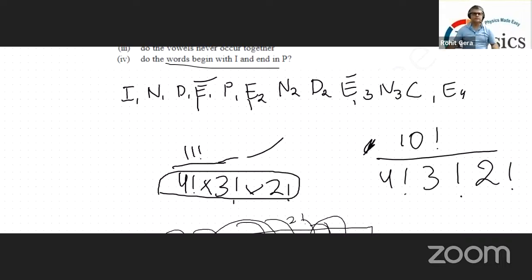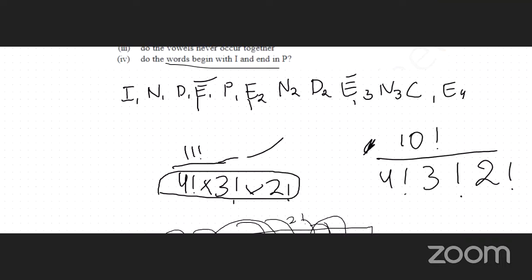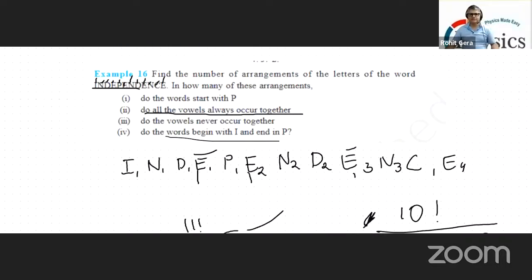Okay. Now, slightly tough one. Last but not the least. Try this out. See if you can solve this.